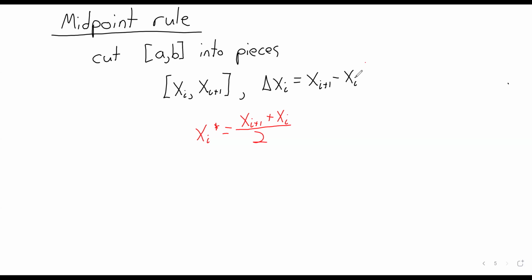And then you get the height of the interval by evaluating f at that midpoint. And you multiply it by the width to get the area of one of these rectangles, and you add them all up, and there's the approximation.